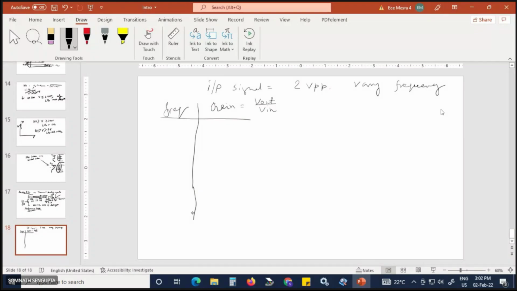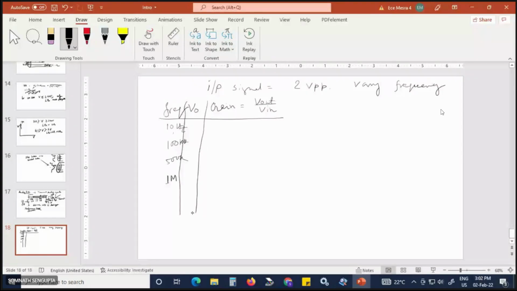So here make another column, frequency versus output voltage. Then you take different frequencies starting from say 10 hertz to 100 kilohertz, 500 kilohertz, 1 megahertz, 2 megahertz, like that.